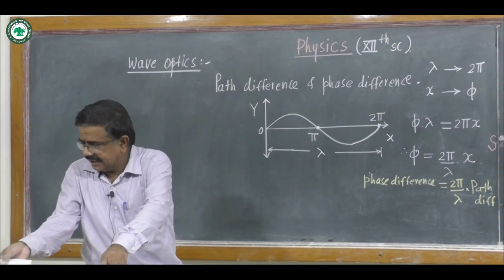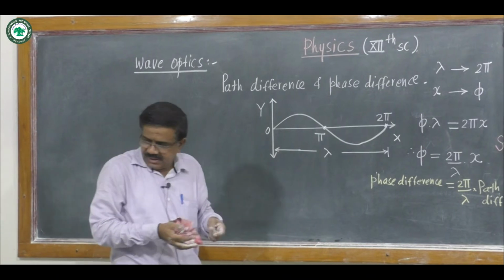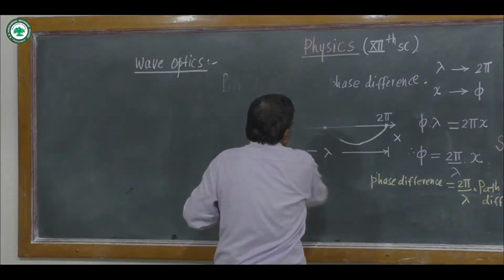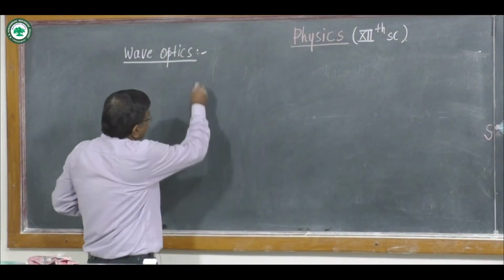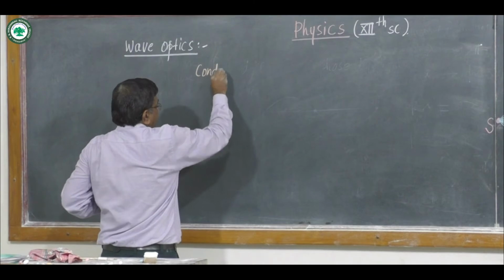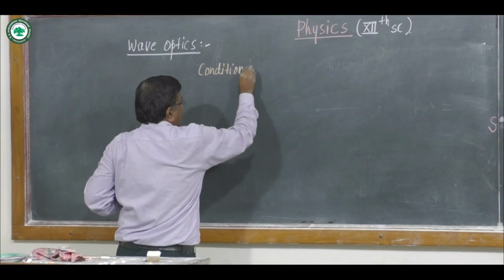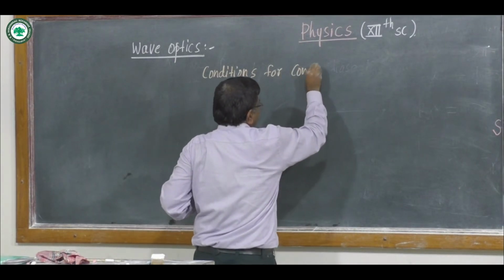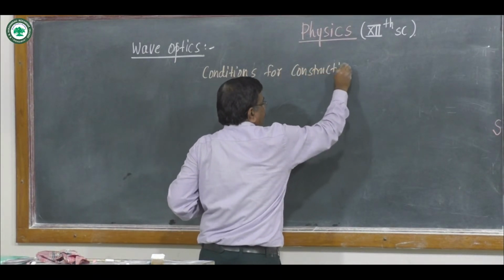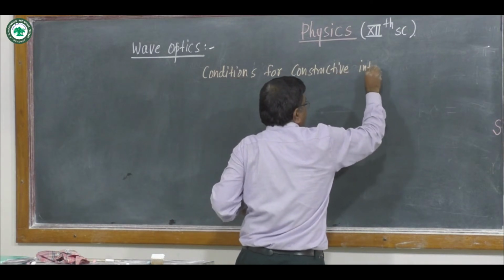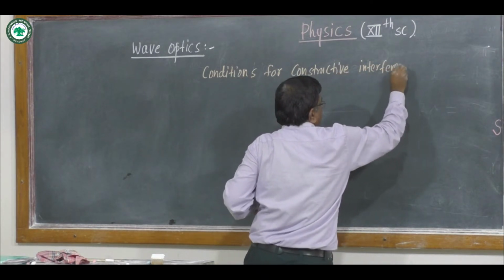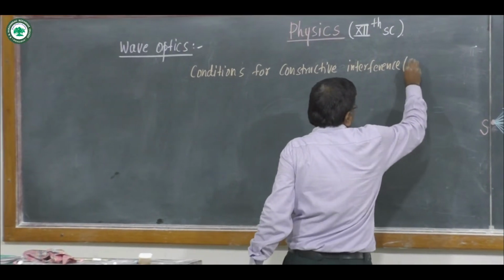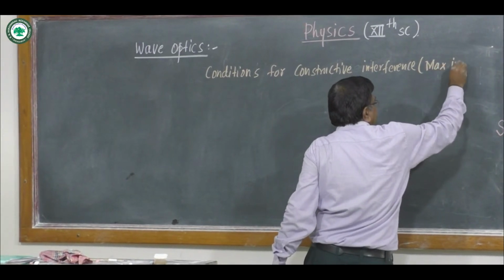Now we see the conditions for constructive interference and destructive interference. Conditions for constructive interference, that is also called as conditions for maximum intensity.